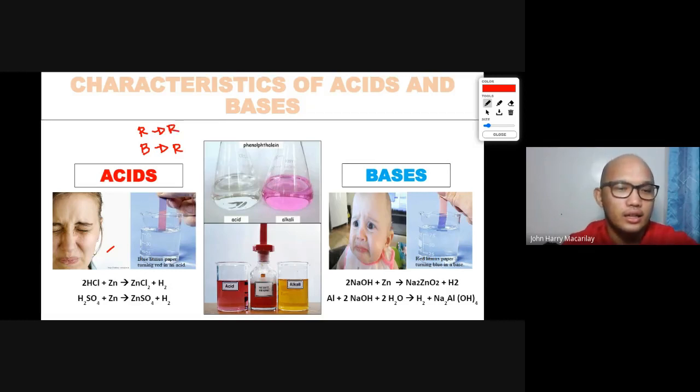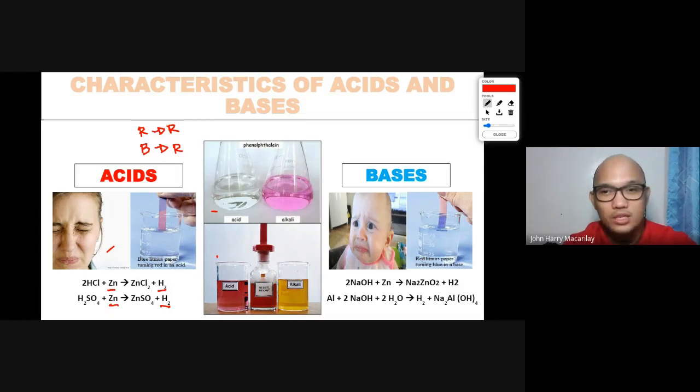And then it reacts also with certain metals like your zinc to produce a gas, which is your hydrogen. So it means it can liberate hydrogen when it reacts with a certain metal, which is your zinc. And then if you're going to use an indicator, for example, phenolphthalein, an acid solution is colorless, or will produce a colorless solution. And if you're going to test it now with methyl orange, it will have a red color.